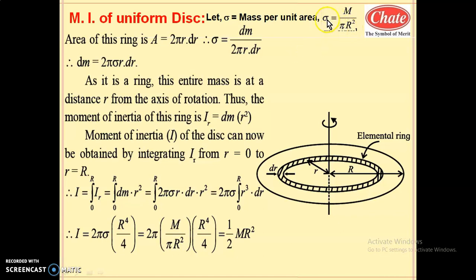Similarly, we consider the same sigma for the element because it remains the same. So what is the area of the ring? The area of the ring is length into thickness.